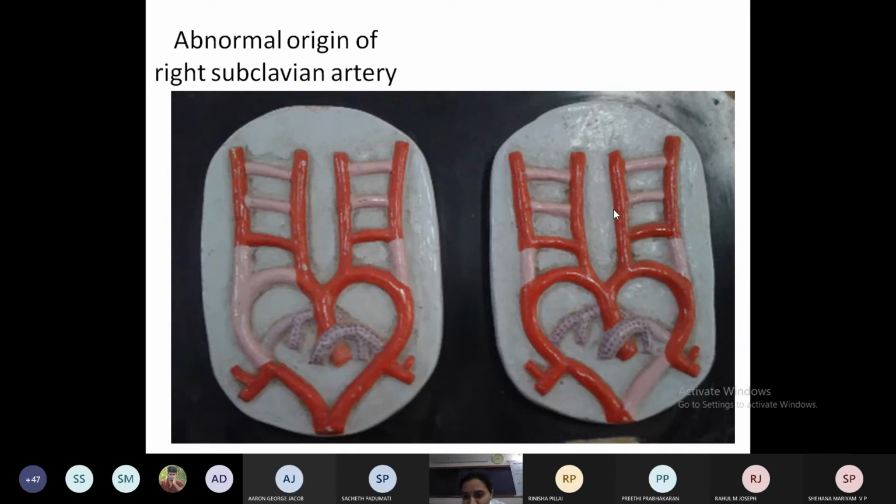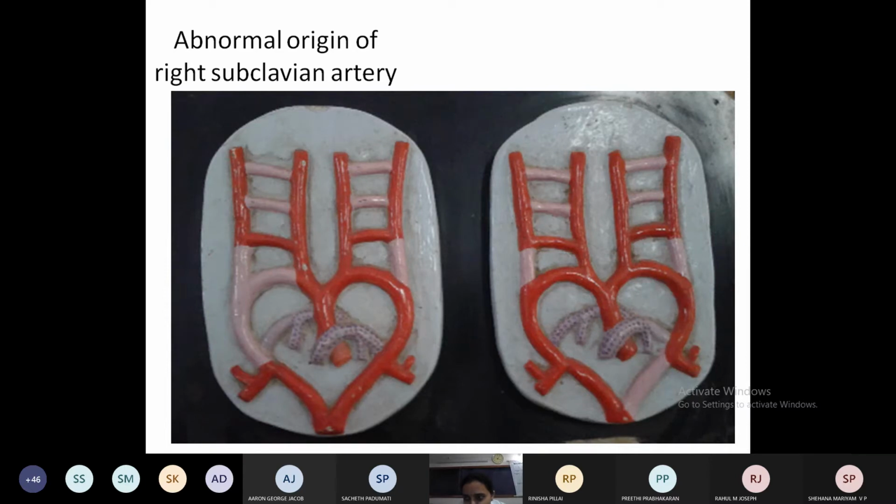This one, the second one, any guess? This part has disintegrated. So what is this? This is a reverse of normal, what we have.